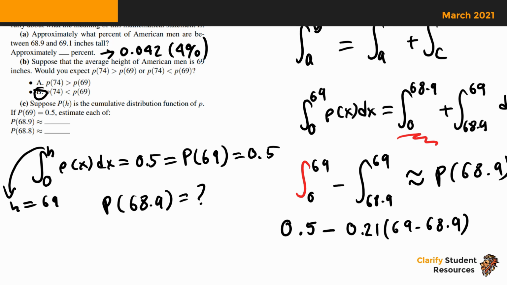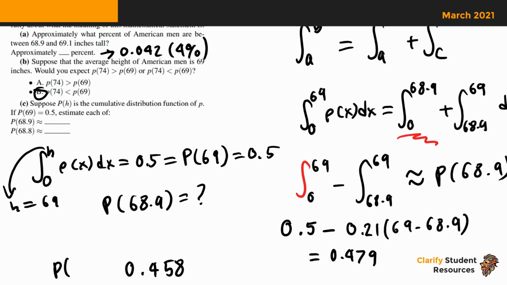Give me a second here. And I get 0.479. So yeah, you can repeat the same process for the 68.8 part, and you will get for the other part 0.458.